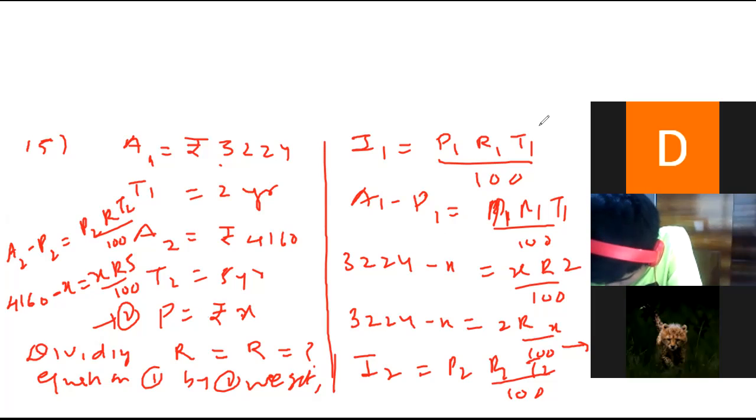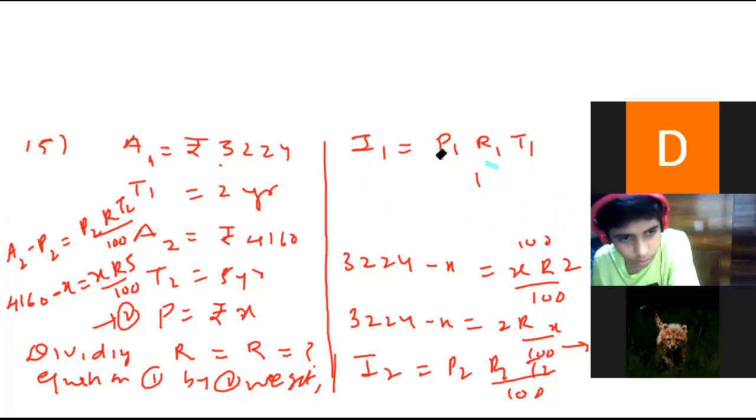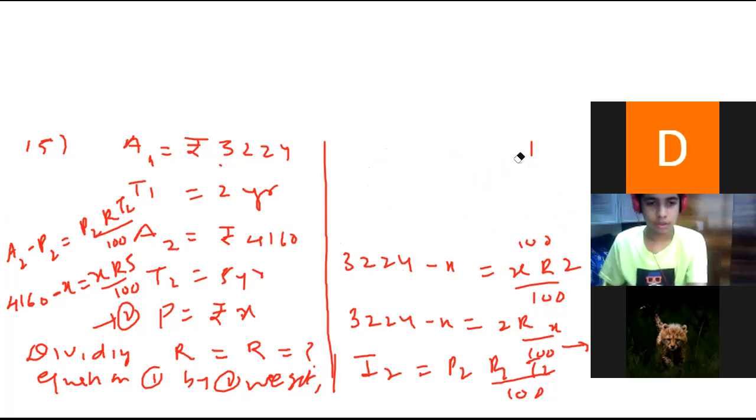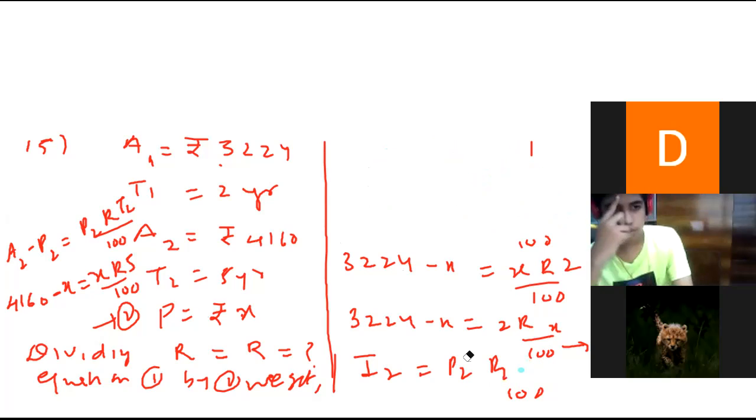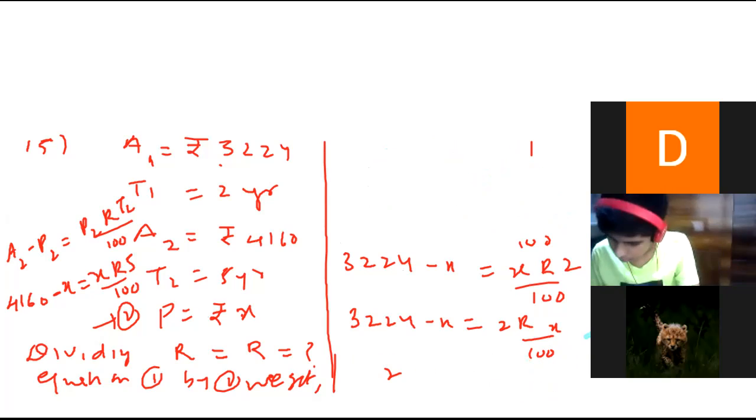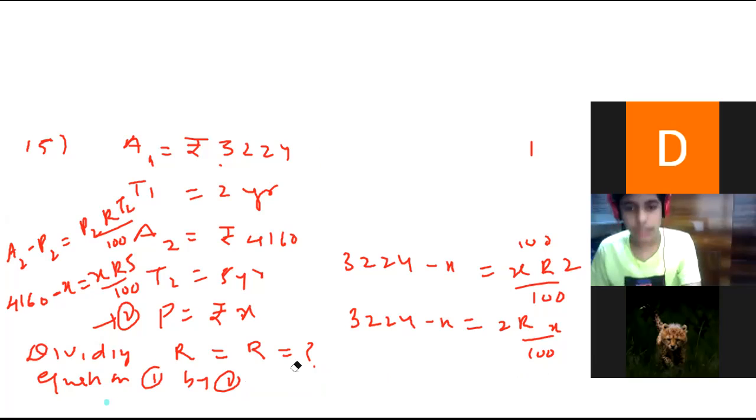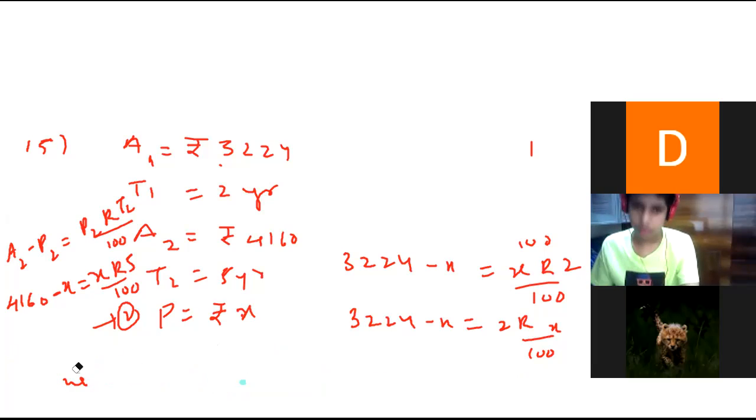Now, everybody has done till this first. The first equation is 3224 minus x, right? And the second equation is 4160 minus x.